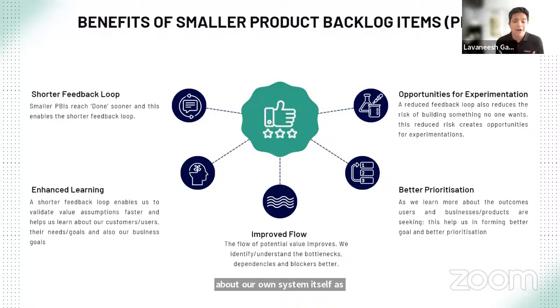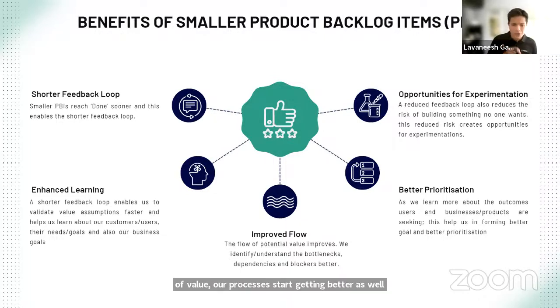What are the blockers we have got? Where in our process do we have inefficiencies? And these smaller product backlog items show us the mirror of how we can get better as well. And once we start fixing those inefficiencies, our flow of value and our processes start getting better as well.